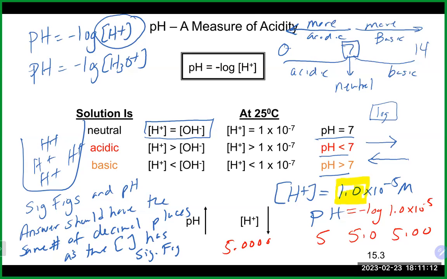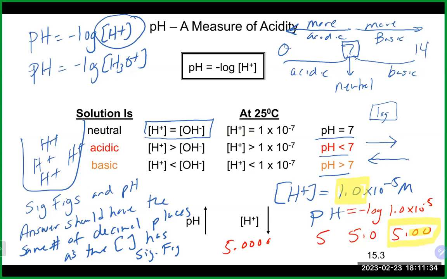It does have 2. So the concentration value has 2 significant figures, which means the pH value actually will have 2 decimal places, not significant figures. So we're going from significant figures to decimal places when we calculate something like pH, and vice versa.